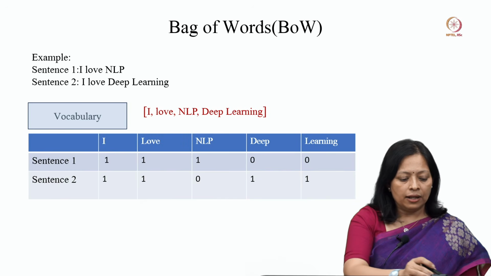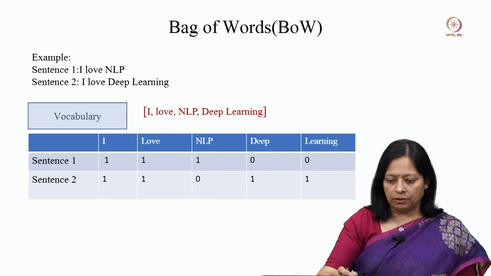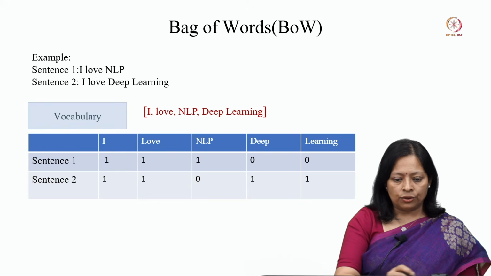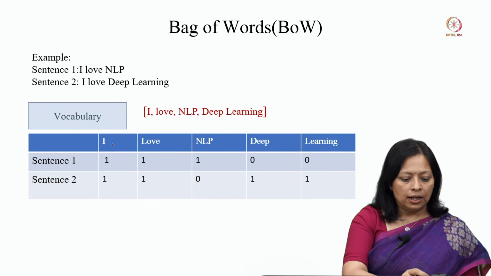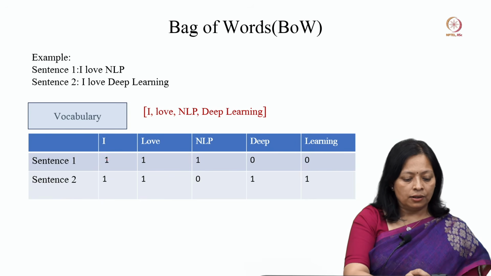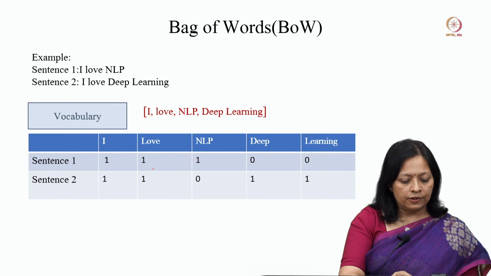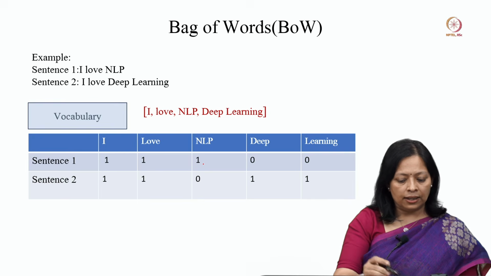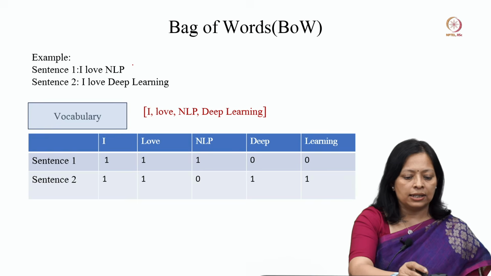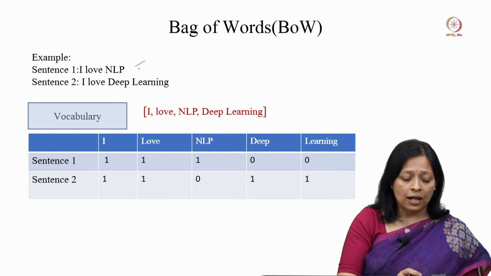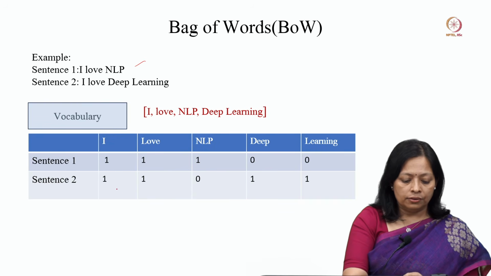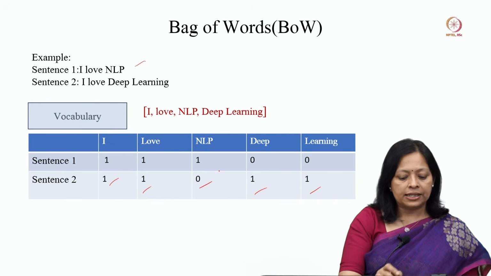So, if I put it in a tabular form, in a one hot encoded kind of structure: I, love, NLP, deep, learning. In sentence 1, I is there 1, love is there 1, NLP is there 1, then deep is 0, learning also is 0, because deep learning is not there in the first sentence. Whereas in the second sentence, I love deep learning. So, these 4 are there, NLP is not there.